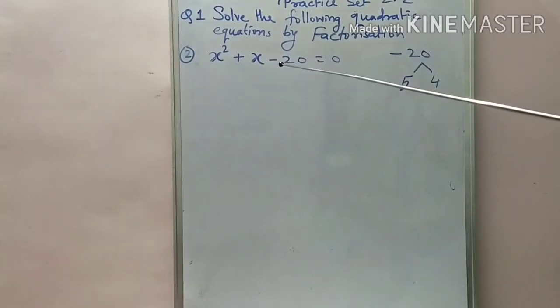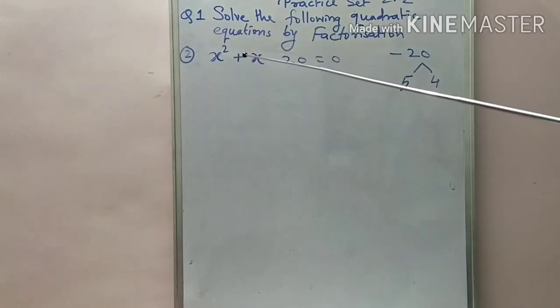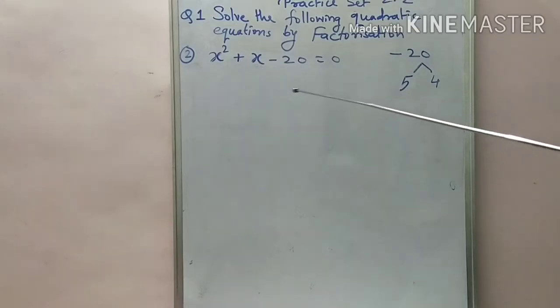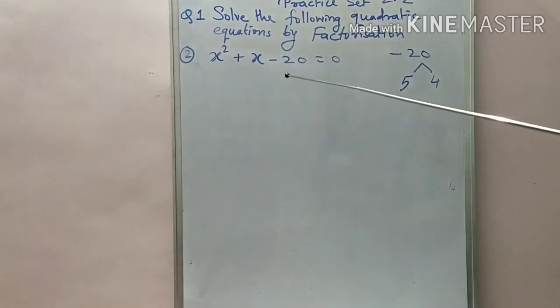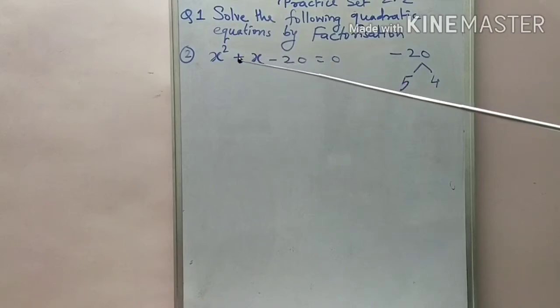If a plus sign is there, then we find the addition as the middle term, and if there is addition, we give that middle term sign to both. But when we do subtraction, there are opposite signs, and hence here 5 and 4 have opposite signs. One is plus, one is minus.